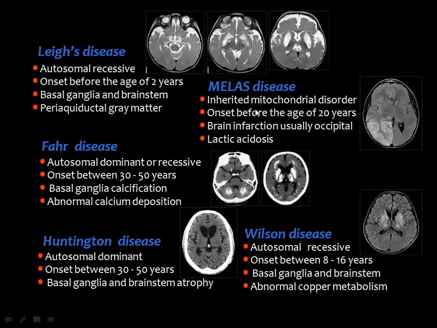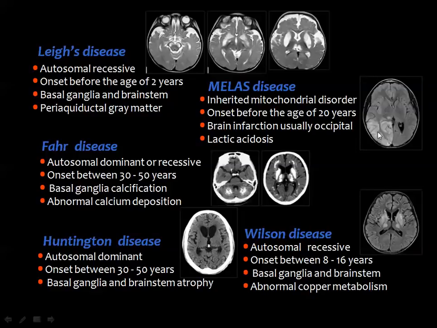Then the MELAS syndrome or MELAS disease is an inherited mitochondrial disorder. The onset of the lesions will appear before the age of 20 years, and this will be in the form of brain infarction, which is usually in the occipital region but can occur anywhere in the brain.